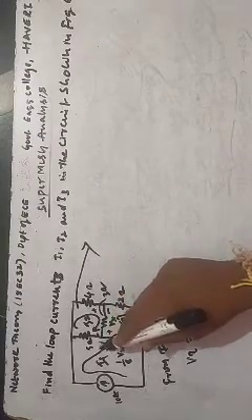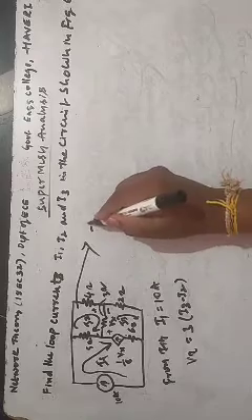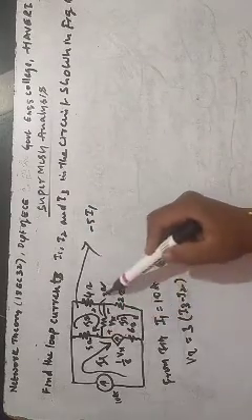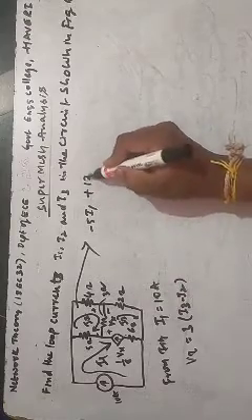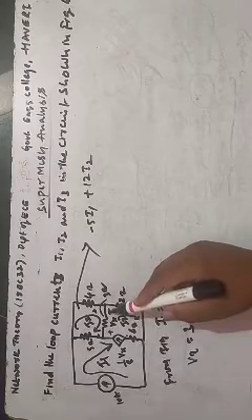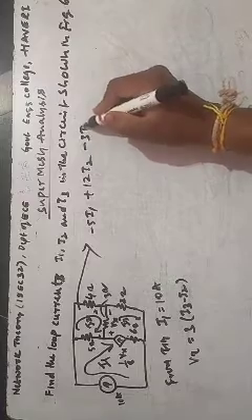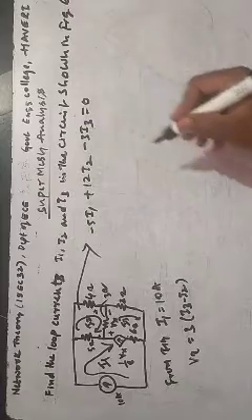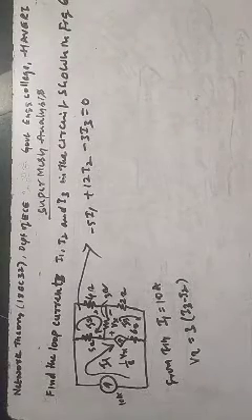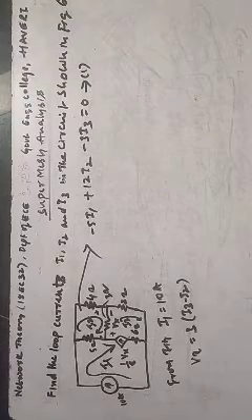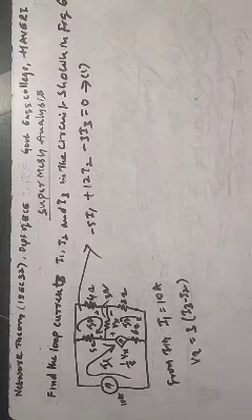As 5 ohm belongs to both I1 and I2, so this is minus 5 I1, and for I2, 5 plus 4 plus 3, that is plus 12 I2, and this 3 also belongs to mesh 2 and mesh 3, so minus 3 I3. There is no voltage source, so this is equal to 0. Call this equation 1.